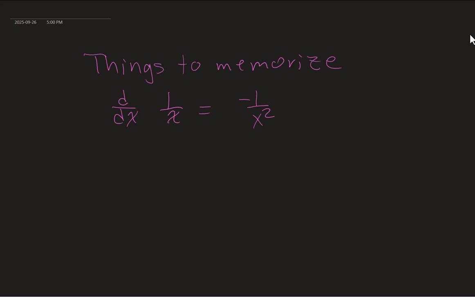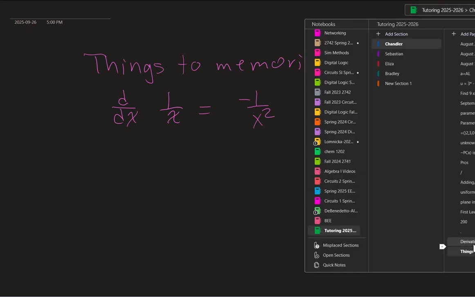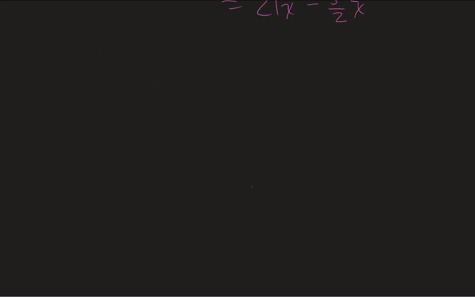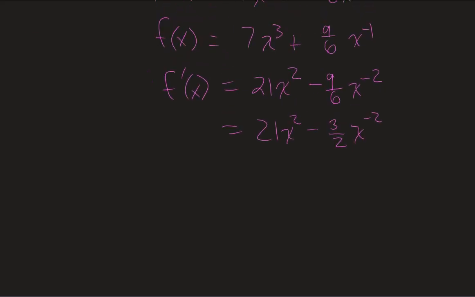And the reason for that was because when we took the derivative of x to the -1, multiply by -1, x, subtract 1, x to the -2.